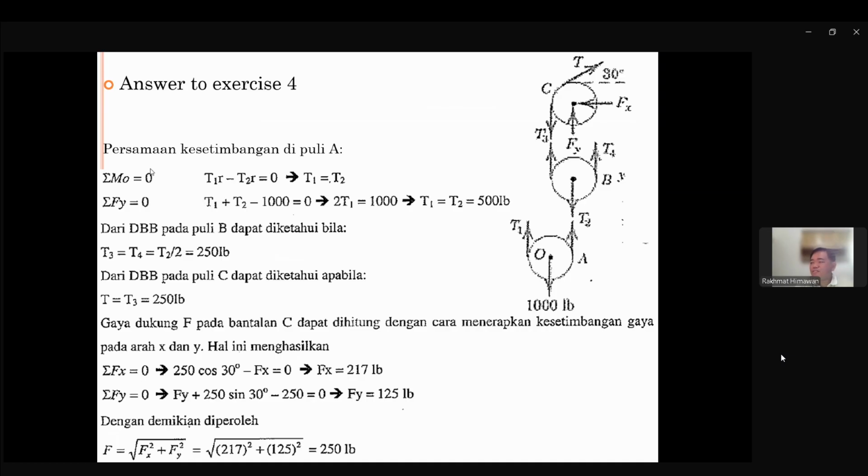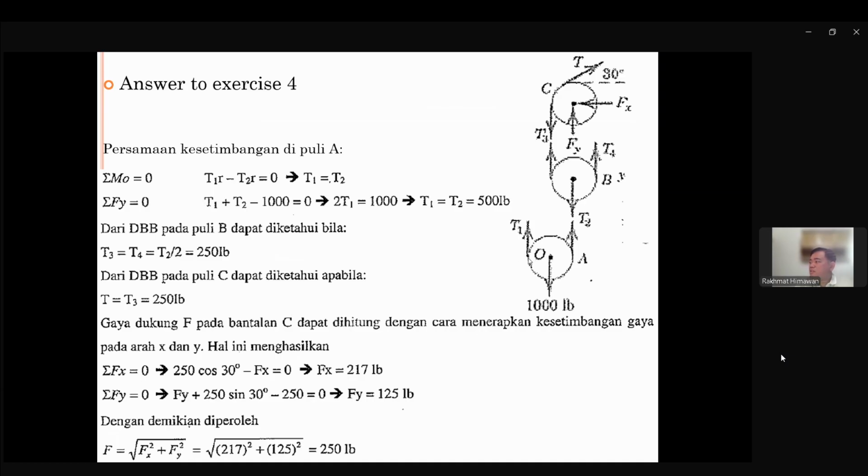You can start with anything, but say sigma moment O is equal to 0 with T1 and T2. Here O is the center of the pulley.